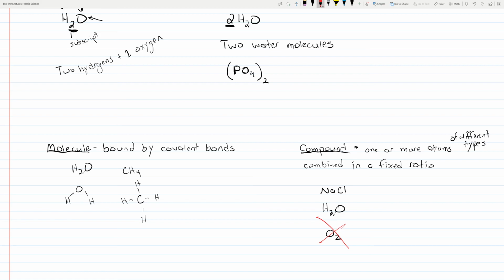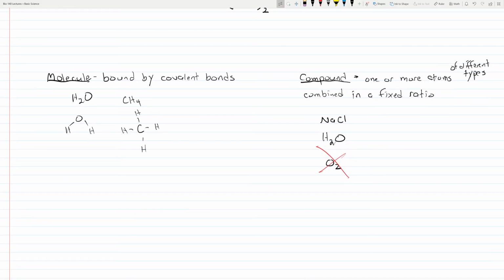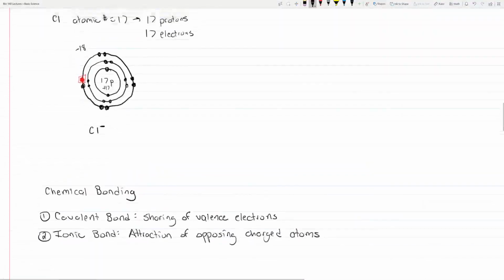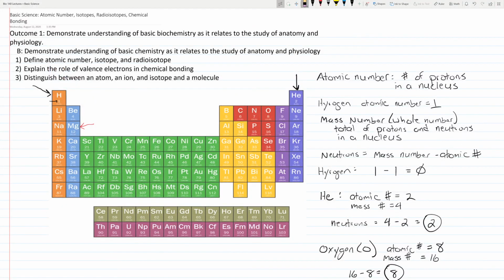So now the question that I get most often from students is, how can you tell if a bond is ionic or if a bond is covalent? The easy way I'm going to tell you, and it will work for basic anatomy and physiology, is we're going to go all the way back to the periodic table. I'm going to erase these arrows here, and I'm going to select the red.